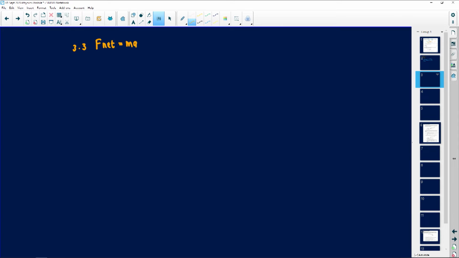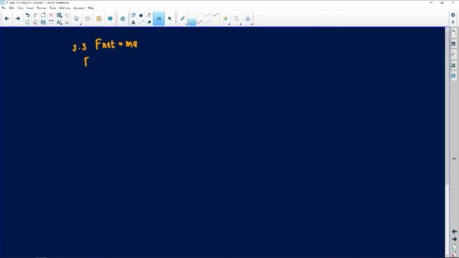Let's calculate for F. So then I can say, remember, if we're working with x, then we use cos. So I can then say F cos theta minus my fk, which is my kinetic friction, is equal to 0. Now I just want to branch this off here.